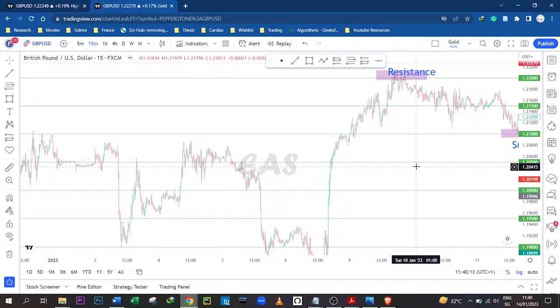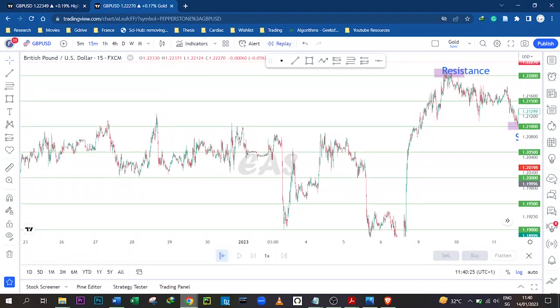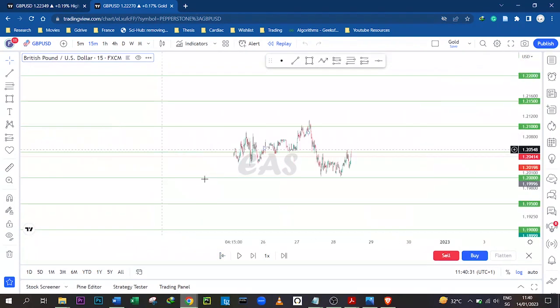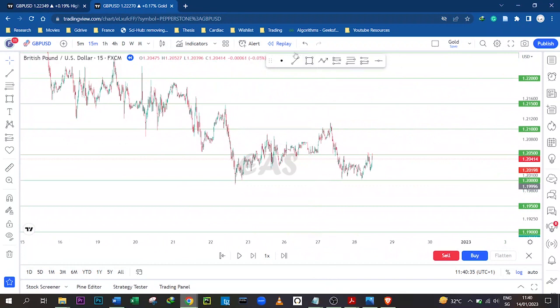So what I encourage you to do now is go open your chart, mark out these levels, and see how price reacts when it comes there. If you have the pro version, you can easily replay like I do and test.